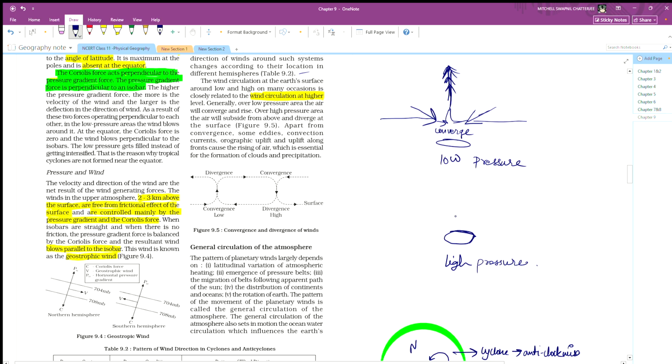So here what is happening, it is saying that in the high pressure area, air will subside from above and diverge at the surface. From above, subside from above.